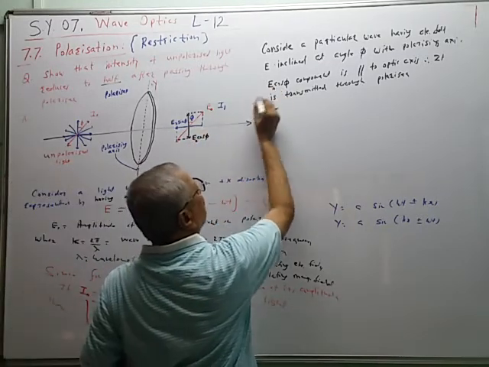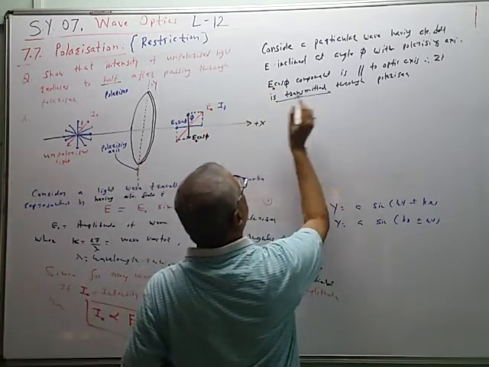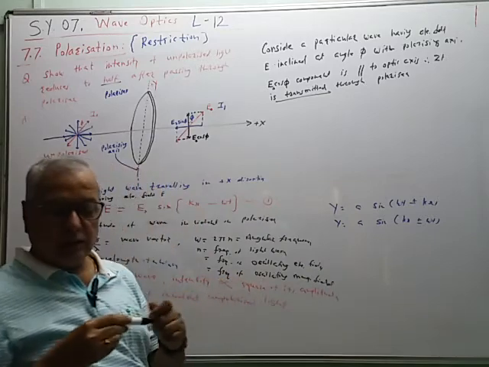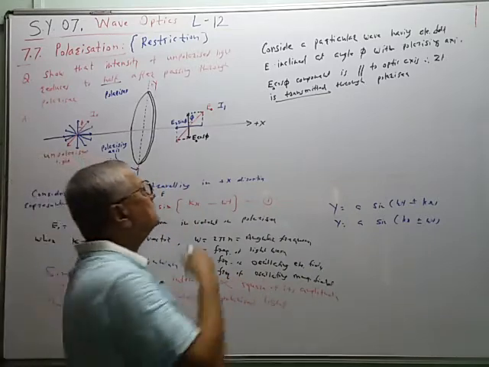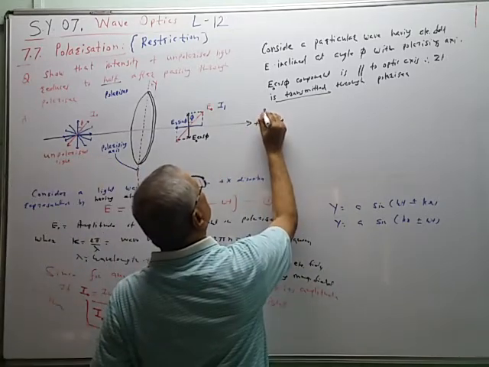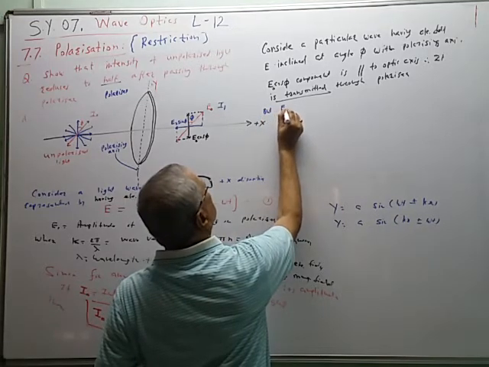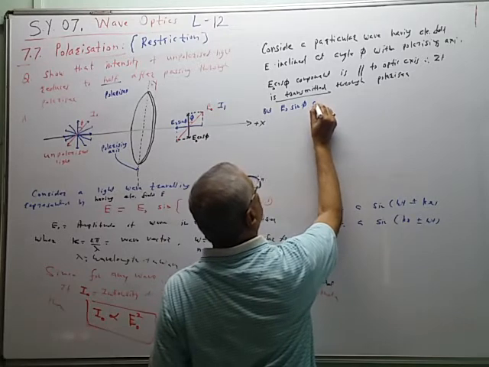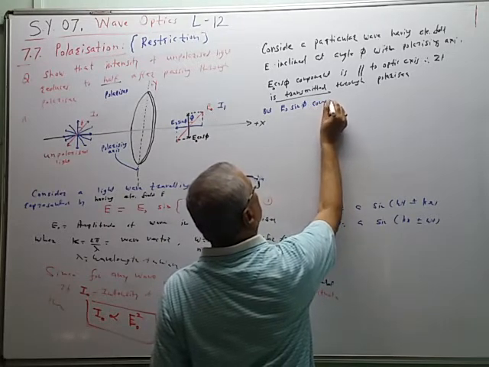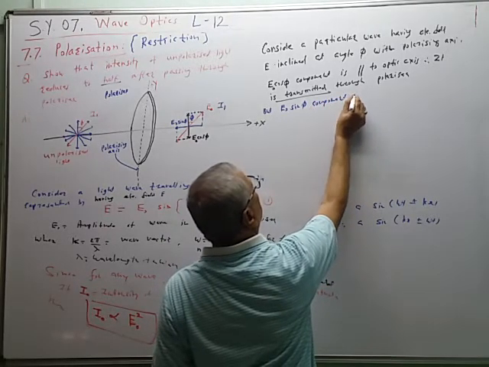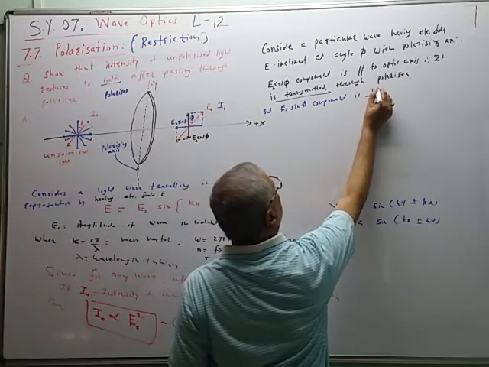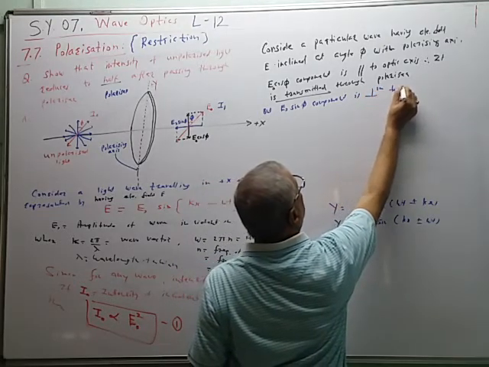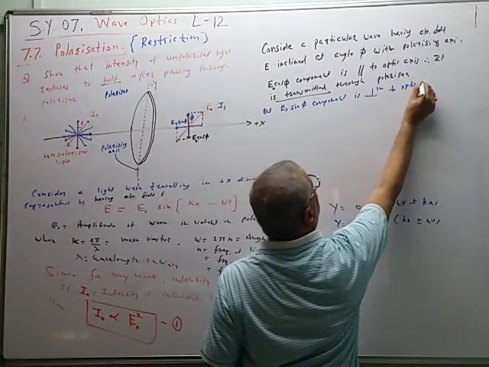So E0 cos phi is transmitted. The E0 sin phi component is perpendicular to the optic axis.